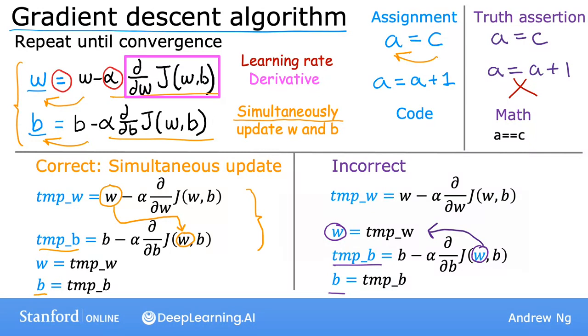If, however, you were to implement a non-simultaneous update, it turns out it will probably work more or less anyway, but doing it this way isn't really the correct way to implement it. It's actually some other algorithm with different properties. So I would advise you to just stick to the correct simultaneous update and not use this incorrect version on the right. So that's gradient descent.